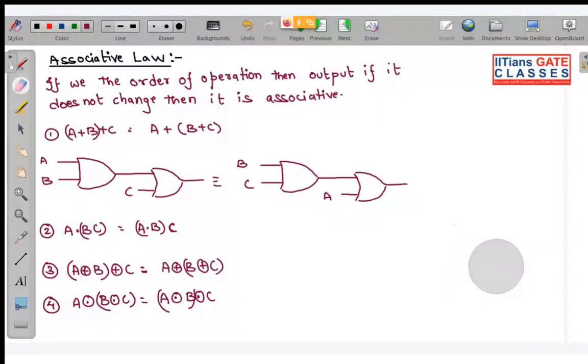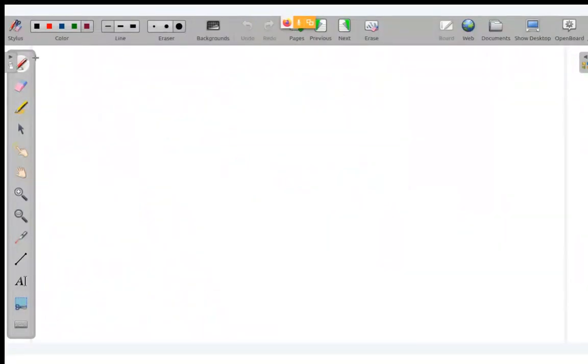What about NAND gate and NOR gate? Is it associative? NAND gate and NOR gate, are they associative? Think about it.